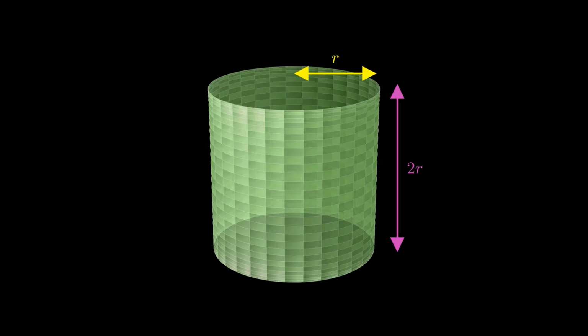And so what's the area of just this roll part? Well, from last time, we saw that that would be the circumference multiplied by the height, which is 2πr multiplied by 2r. And when we've got that, well, 2 times 2 gives you 4. Then you've got the π. And then finally, r times r gives you r squared.